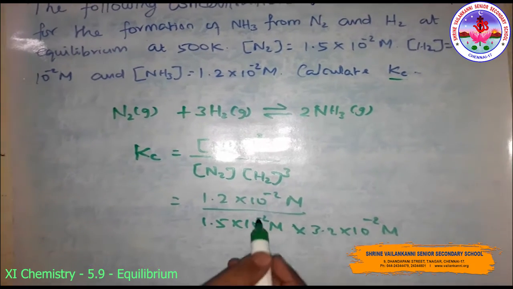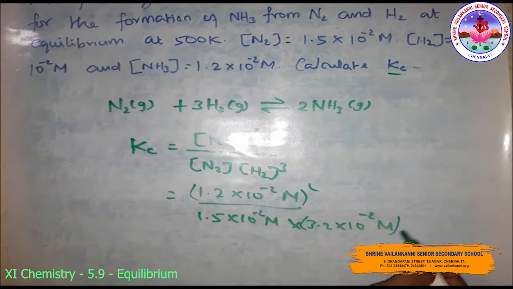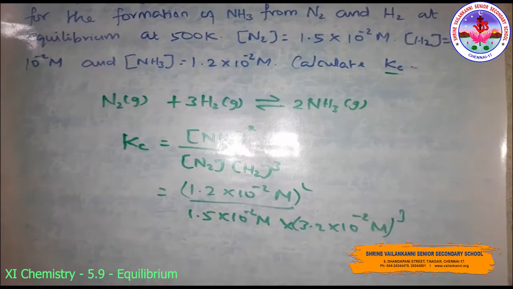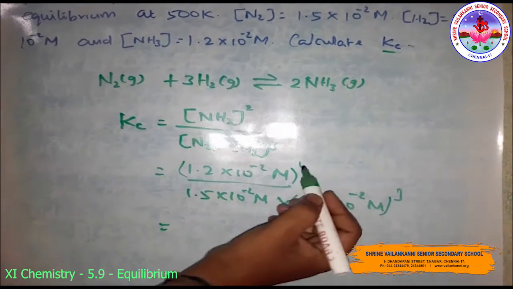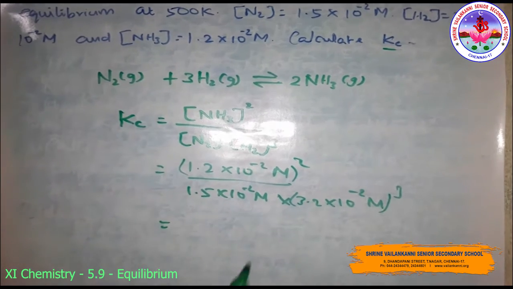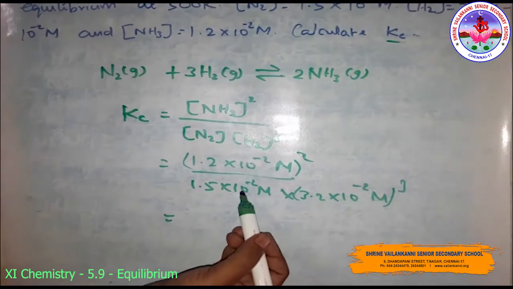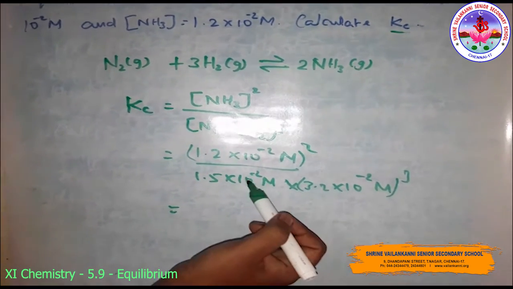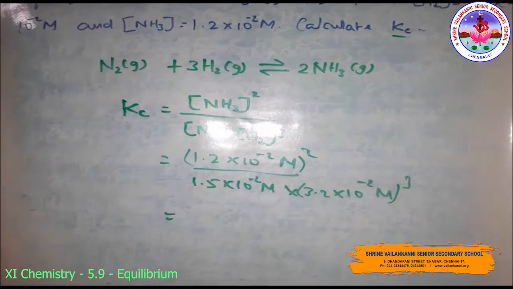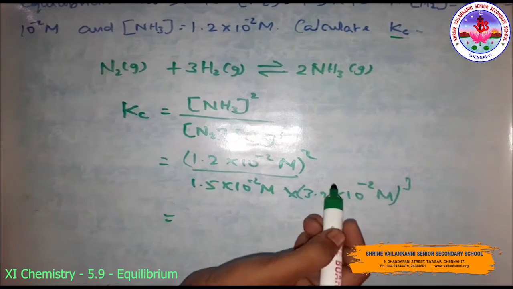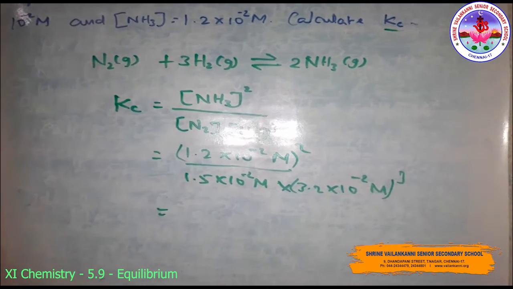After simplifying, look, this is power 2, so the whole square, this is power 3, so the whole cube. So this is power 2 and this is power 3, so you will get 10 to the power minus 6 in the denominator and 10 to the power minus 4 in the numerator. The 10 to the power minus 6 becomes 10 to the power plus 6, giving 10 to the power minus 4 plus 8, which becomes 10 to the power 4.